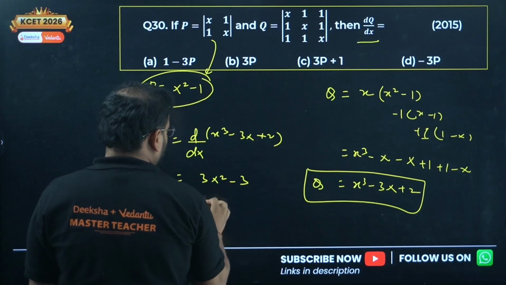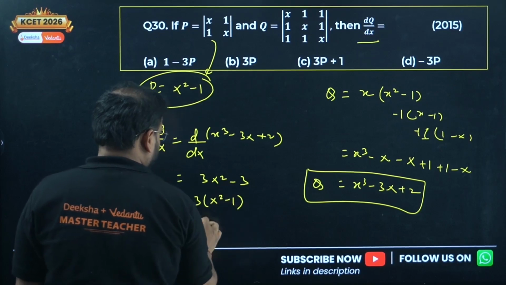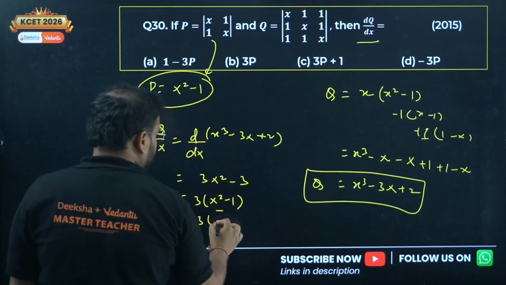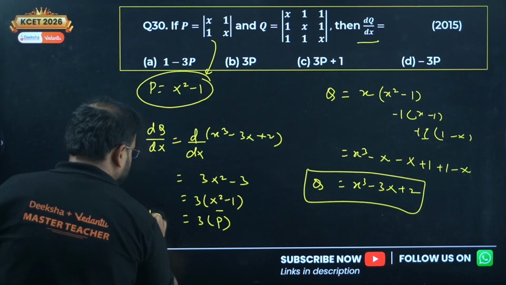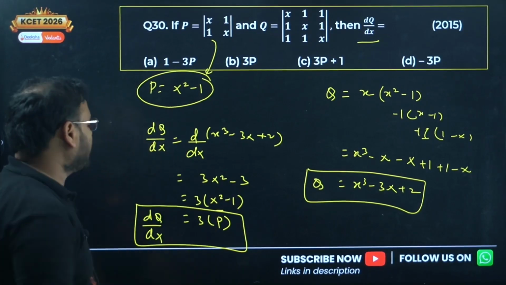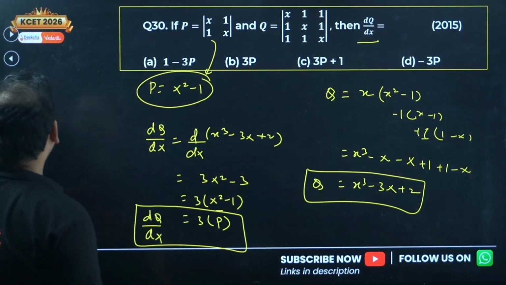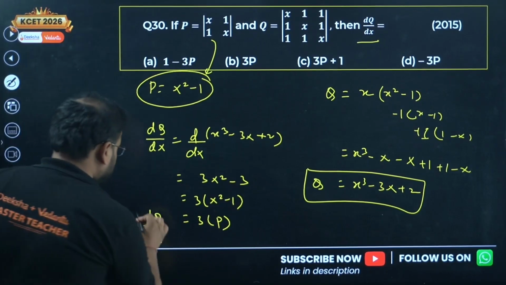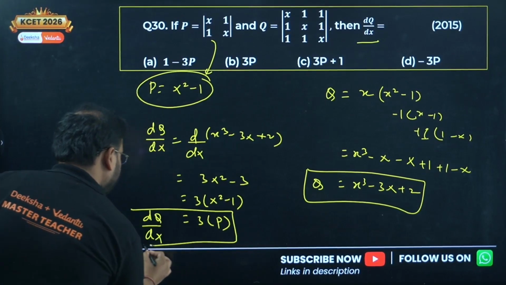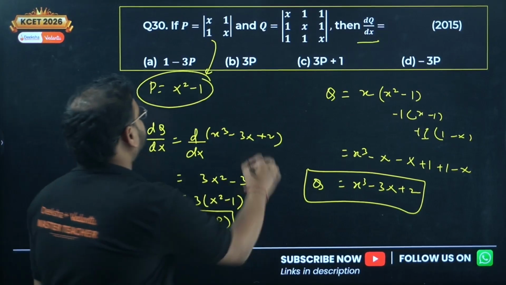Take 3 common, x² − 1. This value is same as p. So 3p equals dq by dx. What is the option? Option is 3p. So B.